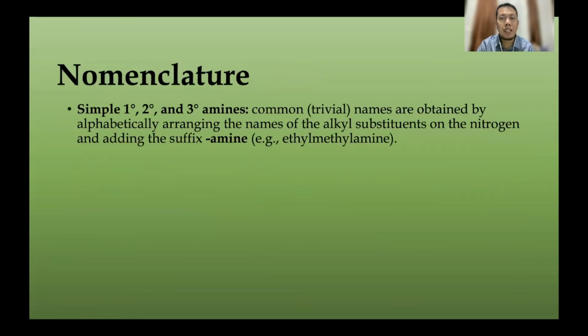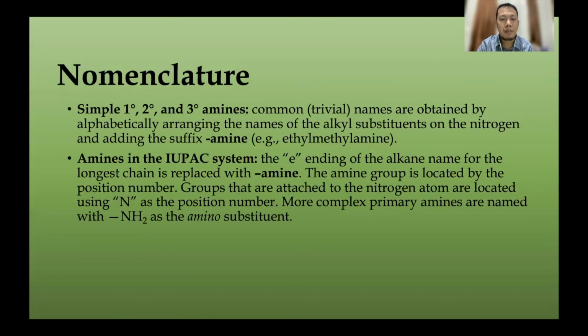So let us look into the nomenclature. Simple primary, secondary, and tertiary amines are given common trivial names, or what we call common names, by alphabetically arranging the names of the alkyl substituents on the nitrogen and adding the suffix amine. For example, ethyl methyl amine.